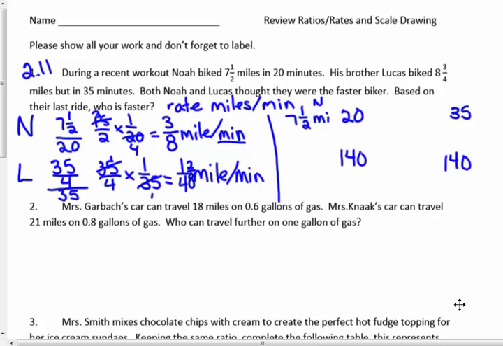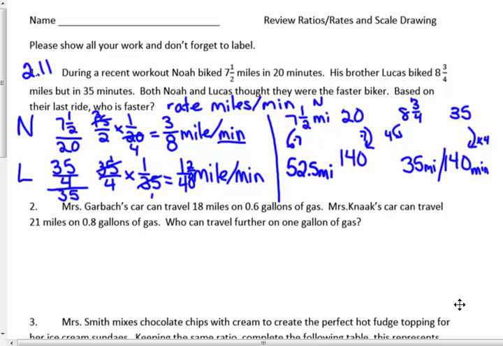So his 8 3/4 for Lucas, 35 times 4 would give me 140. So 8 3/4 times 4 would give me 35 miles. In 140 minutes, Lucas goes 35 miles. Well, 7 times 20 would give me 140 for Noah, and 7.5 times 7 would give me 52.5 miles.